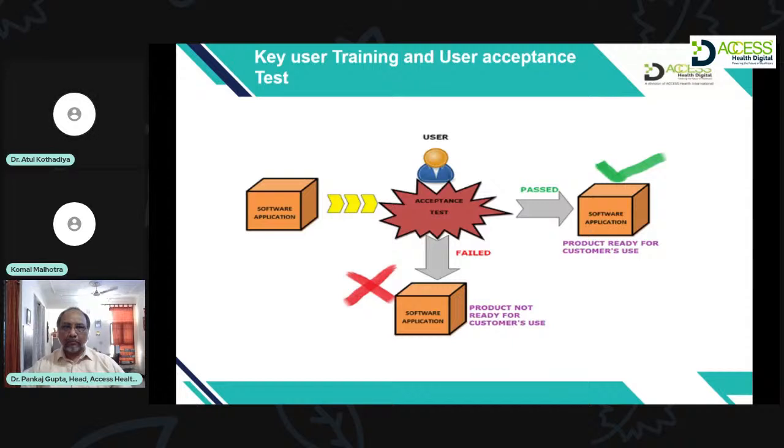Otherwise, it fails. If it fails, then the vendor would resolve the issue and present it again to the end user. They will test it again. So this particular stage is key user training and user acceptance test.